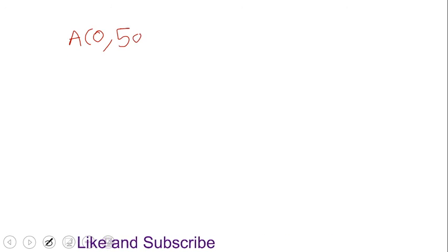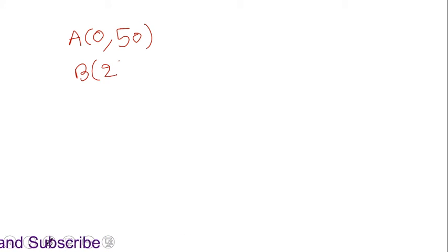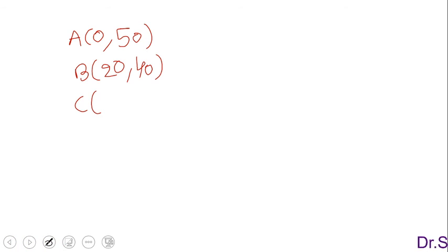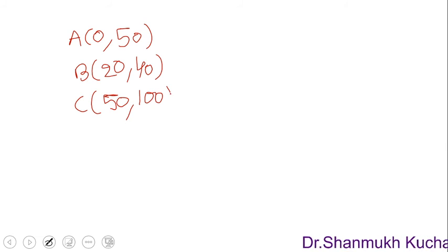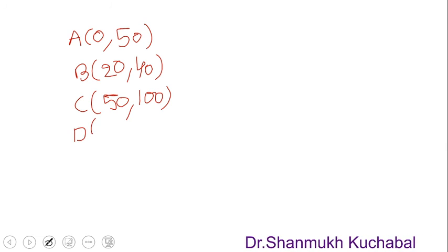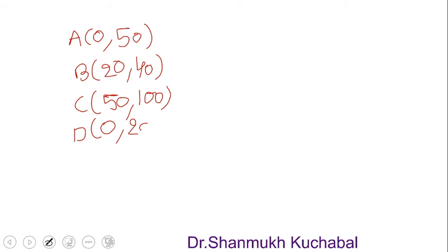So these we represent as corner points: A is 0 comma 50, B is 20 comma 40, C is 50 comma 100, and D is 0 comma 200.